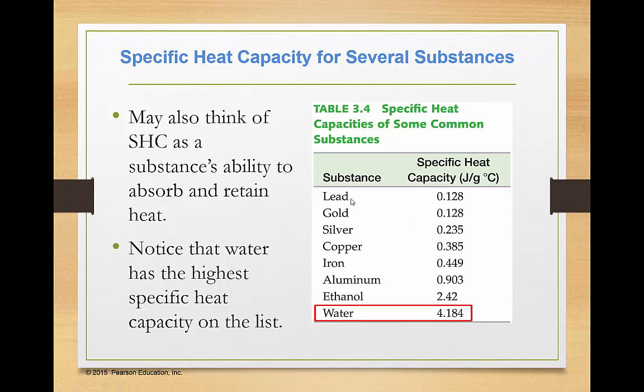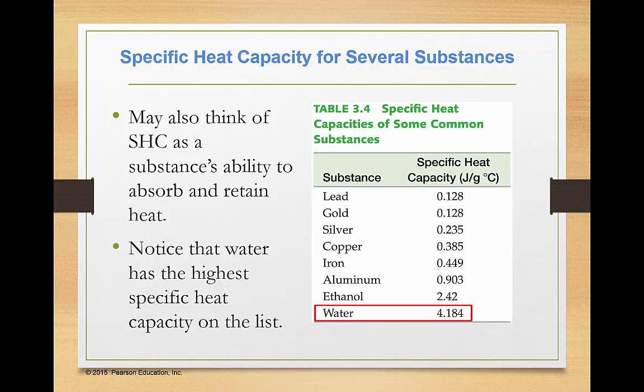It's not going to be lead, hopefully, not only because it's got a very low specific heat capacity, but also because it's toxic to us as humans. Gold and silver, yeah, they'd be really expensive to use, but they also have very low specific heat capacities, so they would heat up very quickly, but they wouldn't hold the heat on the food.